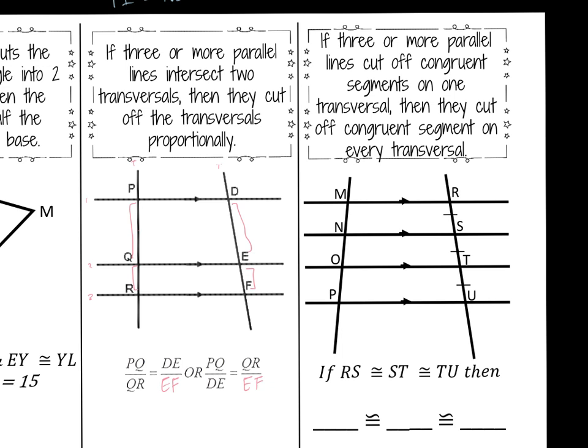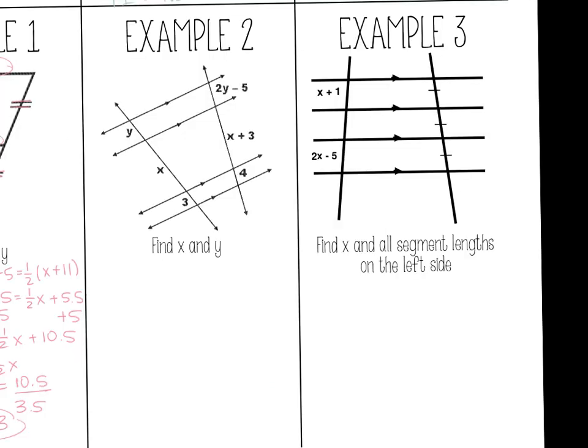Okay, now let's look at the example below. In this one, we're also just solving for x and y separately. So first off, let's just solve for y first. This is the first one on top. For these, we're setting up a proportion. We can do it like either one of the ways it showed us at the beginning. So I can do y over 2y minus 5, and then 3 over 4. I'm not going to deal with the x's right now because I'm only solving for y. So y over 2y minus 5 equals 3 over 4.